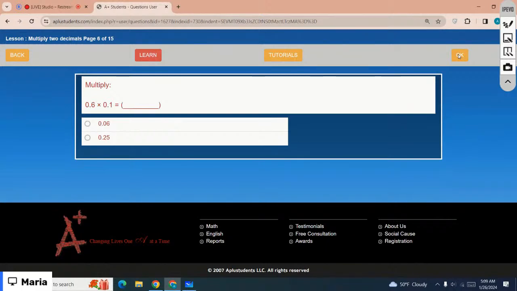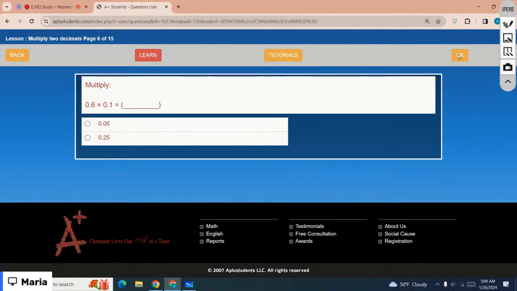The next one is 0.6 times 0.1. So which is the correct option? The correct option is, yes, that is option number 1.